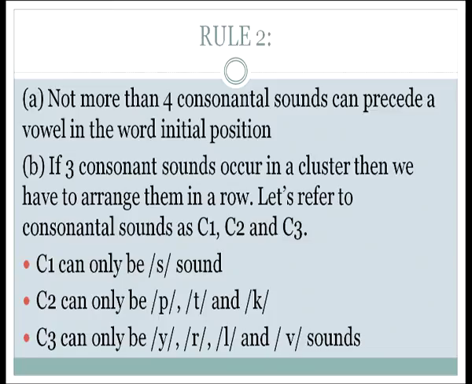So if we call the consonant sounds C1, C2 and C3, then the first consonant will be S sound and the second consonant sound can only be P, T and K. And C3 will only be Y, R, L, V. So now you can, according to this rule, make other words and see if this fits in or not.